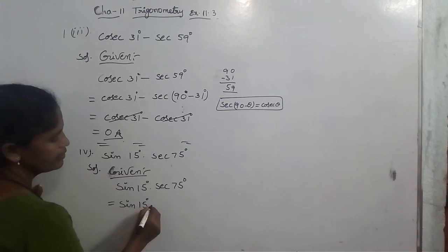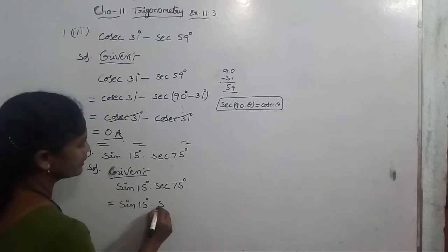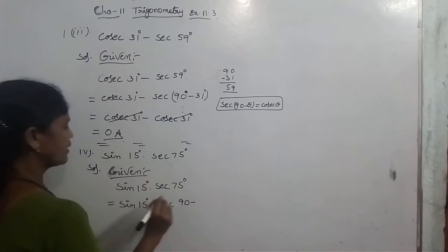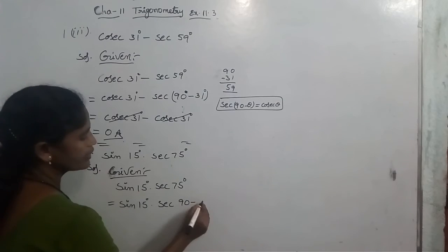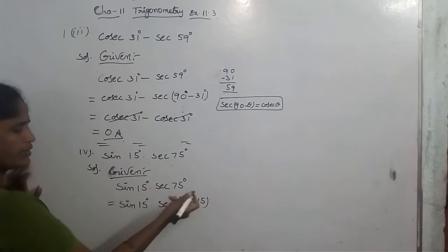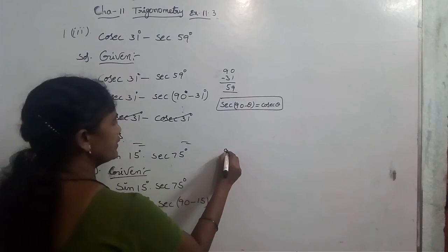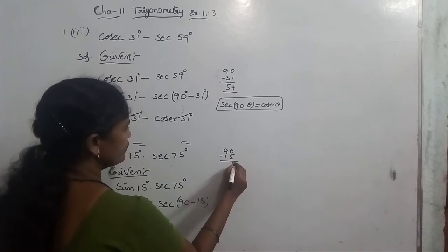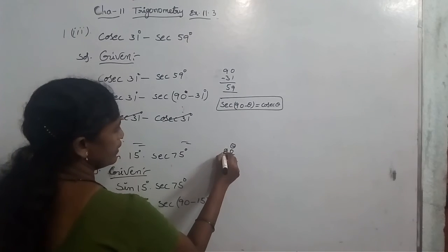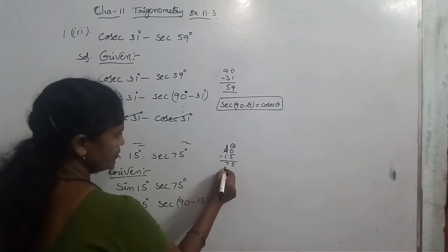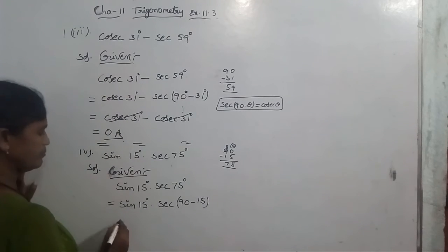Sin 15 degree, secant 90 minus theta means this value 15 we can write here. If you write that, it is easy for you. 90 minus 15 is equal to 75. That's why we can write directly.